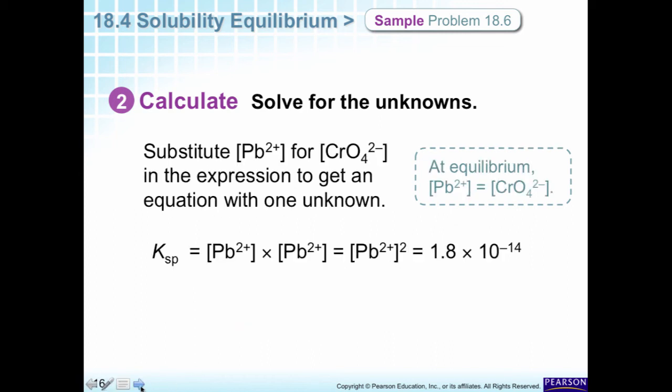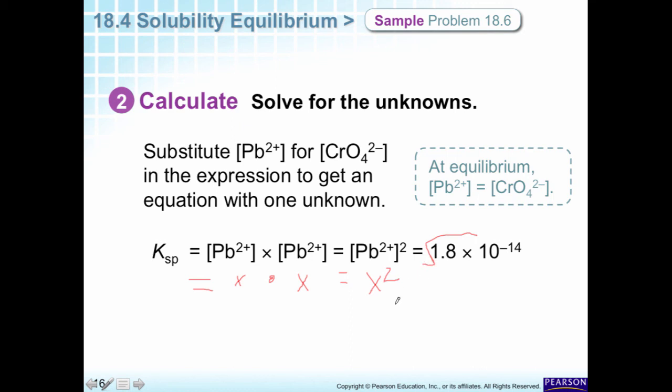Since these two terms are the same, we can think of them as x and x. Rather than change it to Pb and Pb, I would do it this way. So x times x equals x squared, and then you solve this by taking the square root.